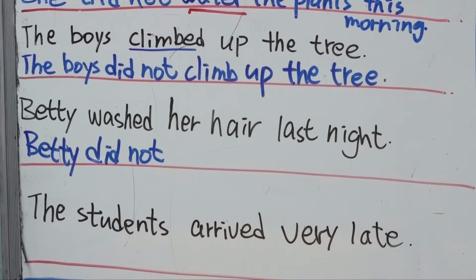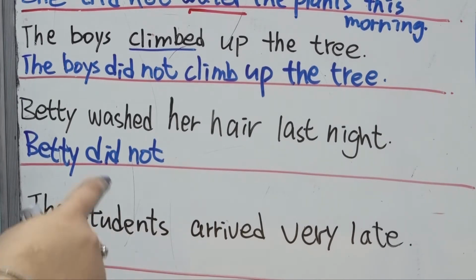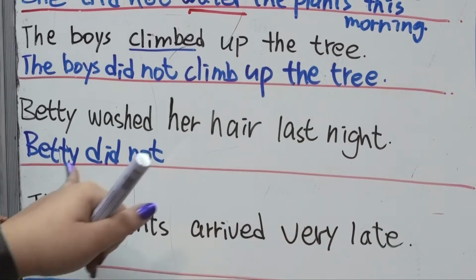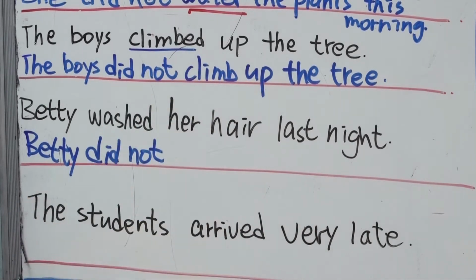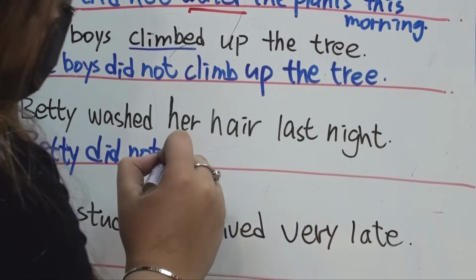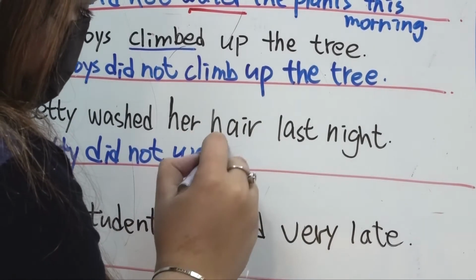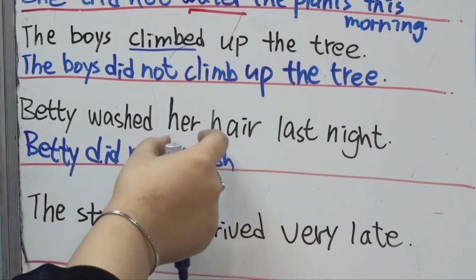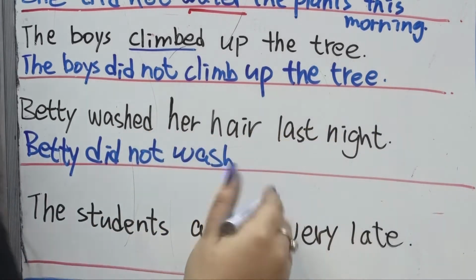That should be wash, right? Cross out the ed to make it an infinitive. Did not, infinitive. Remember that, okay? This is a negative sentence. Betty did not wash her hair last night.